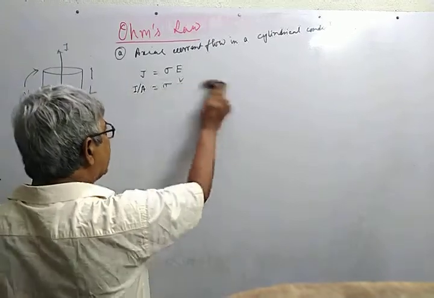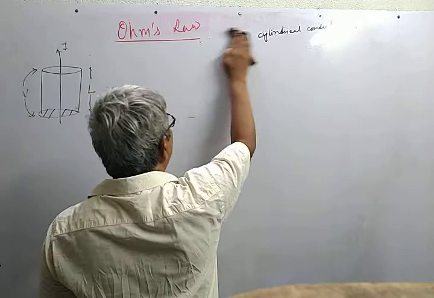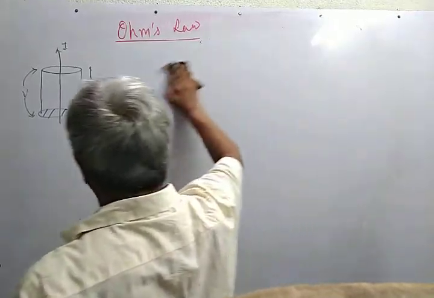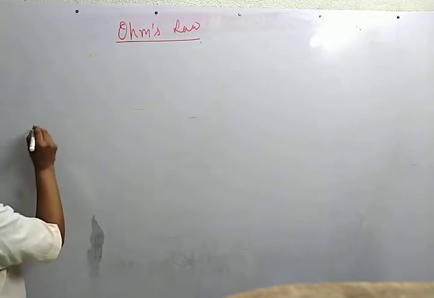Now, as the second example, we consider the radial flow of current across a hollow cylindrical conductor. Let me first write the geometry.